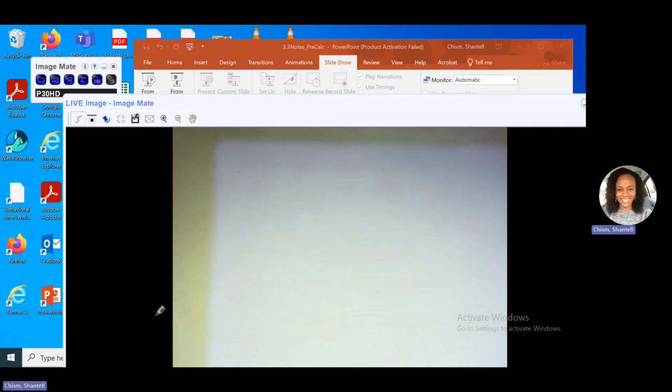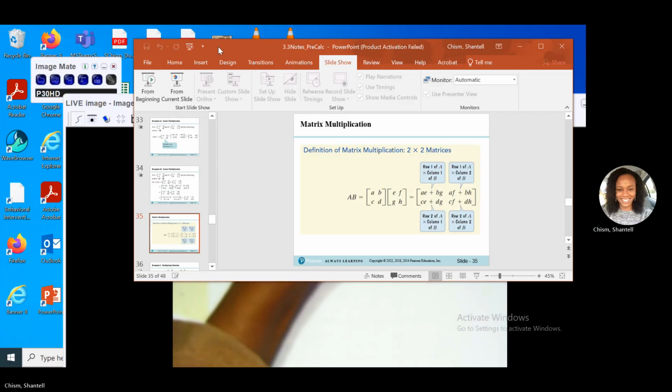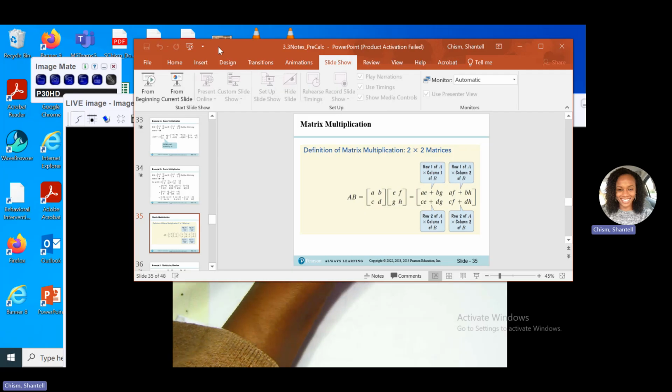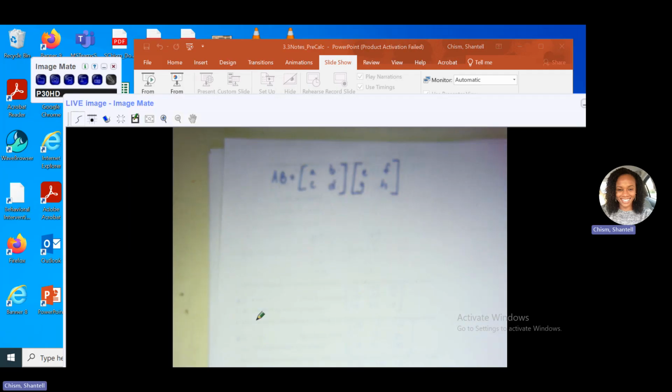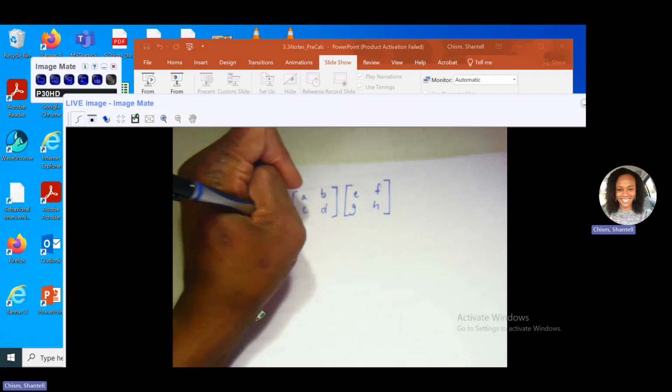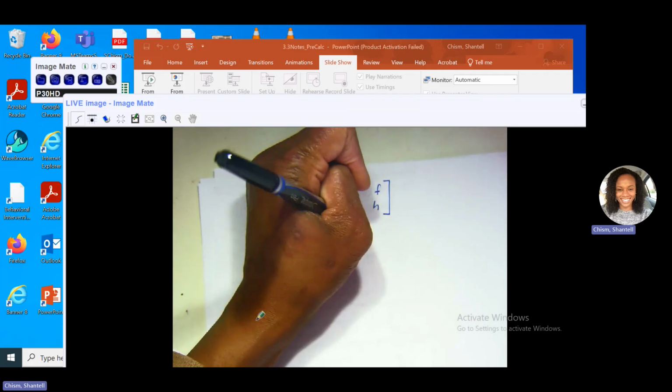So let's say we have A, B, C, D, and then E, F, G, H. Okay. So this is a 2 by 2, 2 rows by 2 columns, and this is a 2 by 2.